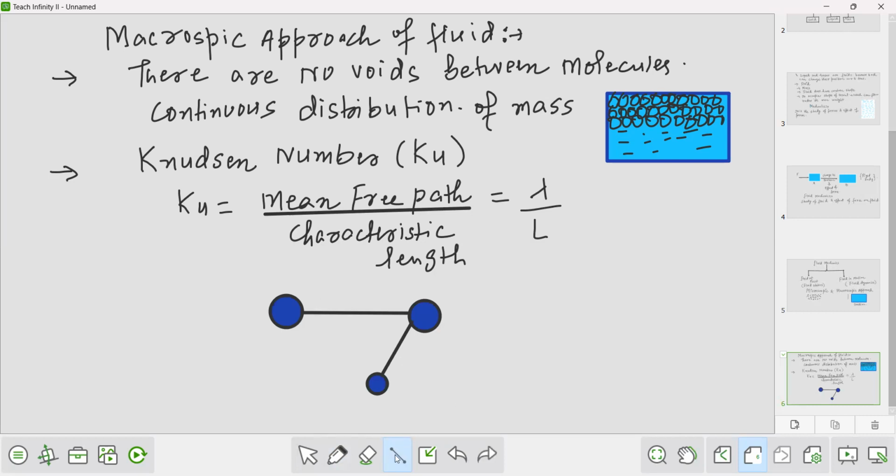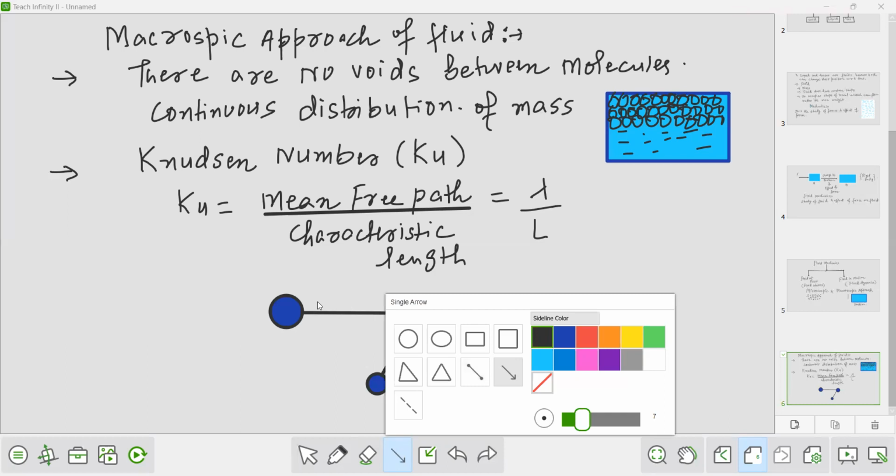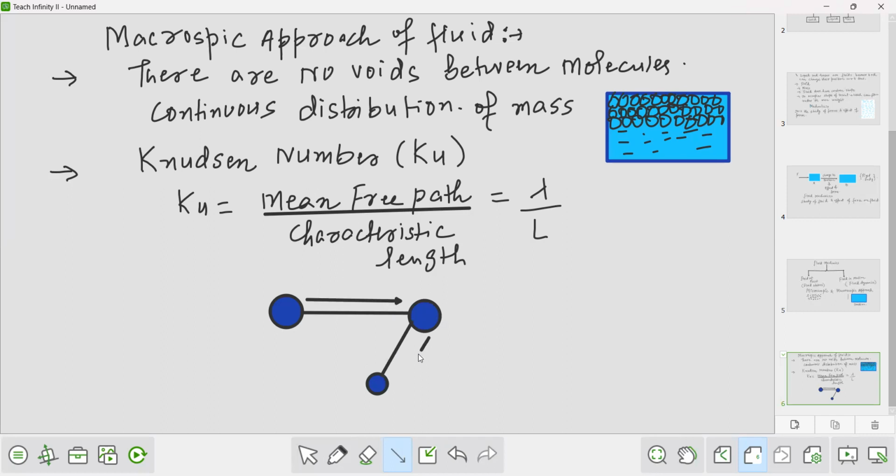If this particle collides with this particle, and this particle collides with this particle, their path is like this, they will first go here and then here. Now, if you want to check their mean free path, this will be their mean free path between the particles.